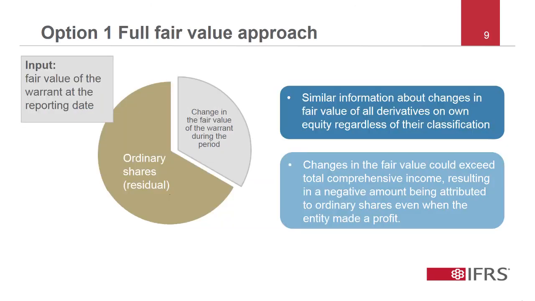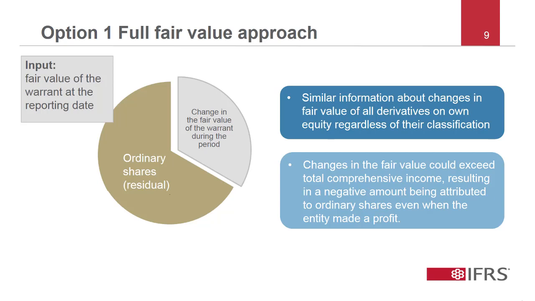Let's go back to our Company A example, where Company A has issued a share warrant as well as ordinary shares. Applying option 1, the full fair value approach, the carrying amount of the warrant will effectively be updated to reflect its fair value at the reporting date.